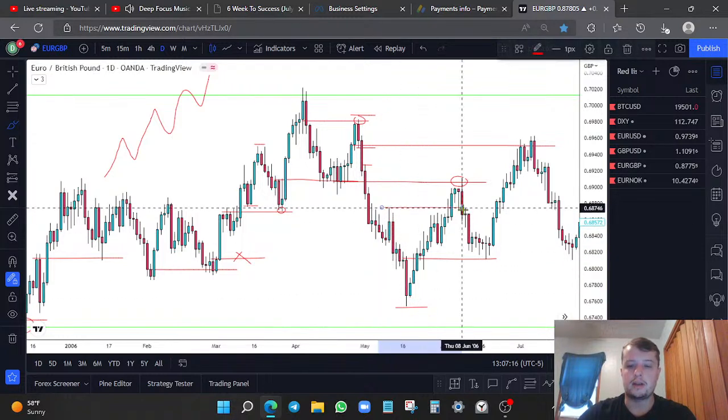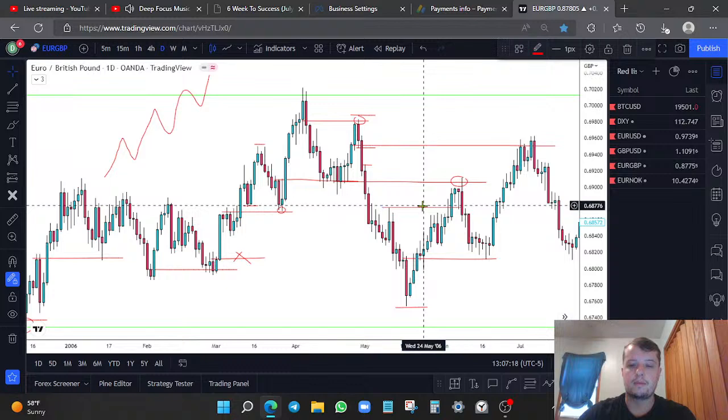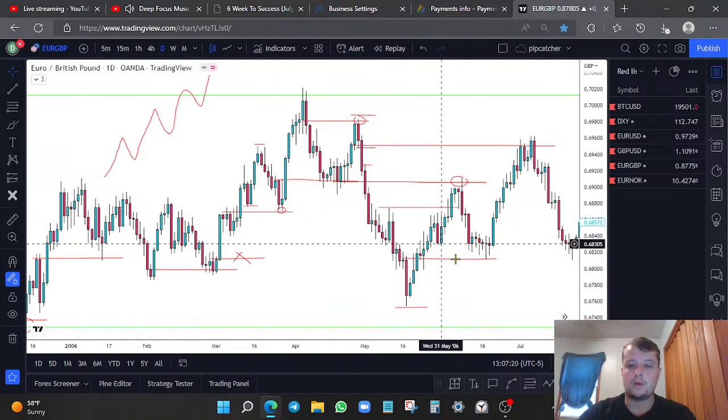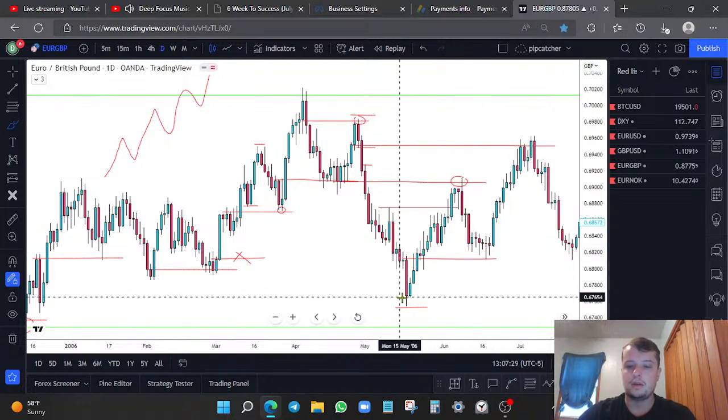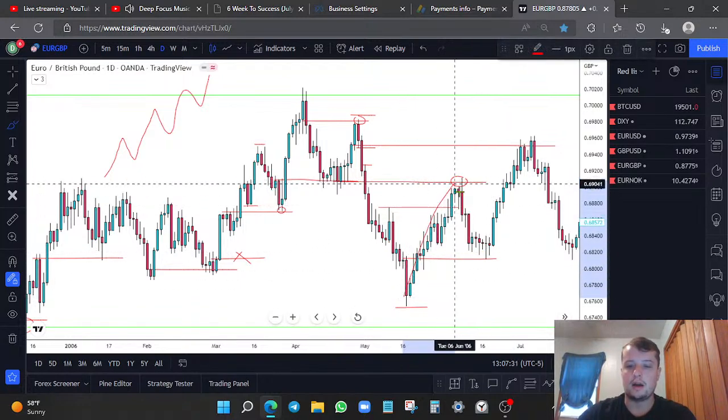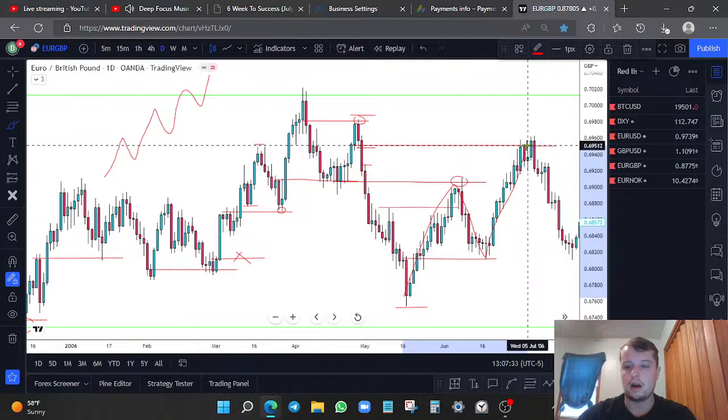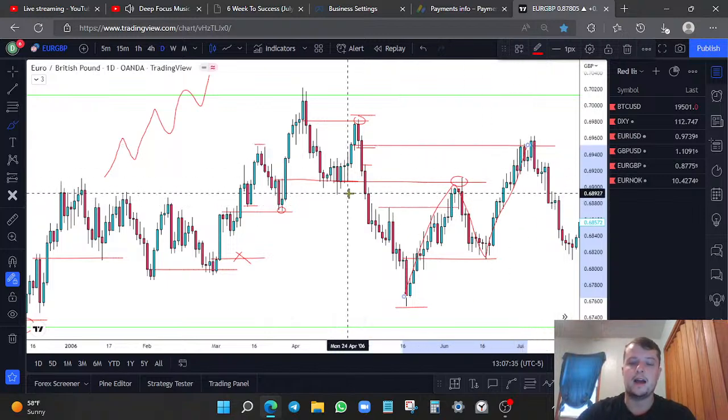Price breaks this area. And where does it come back down to? Giving us that higher low here. So now we have higher high, higher low, higher high.